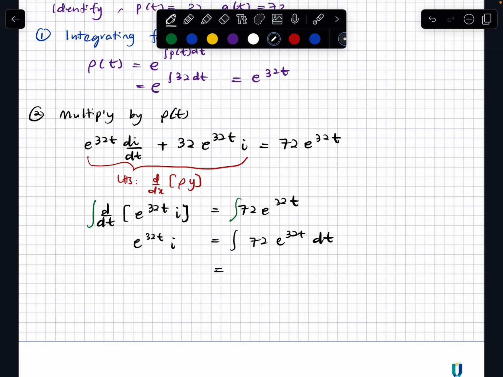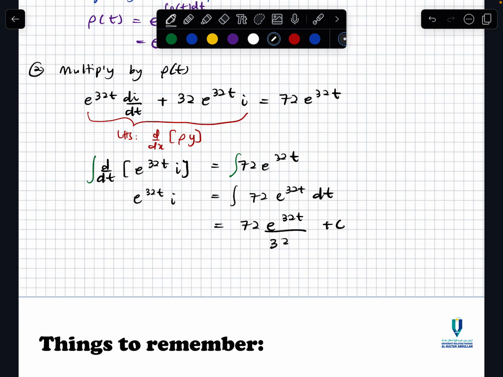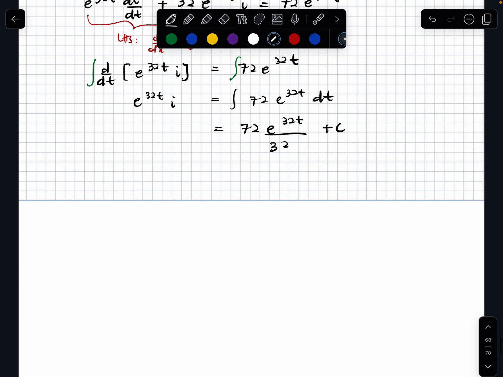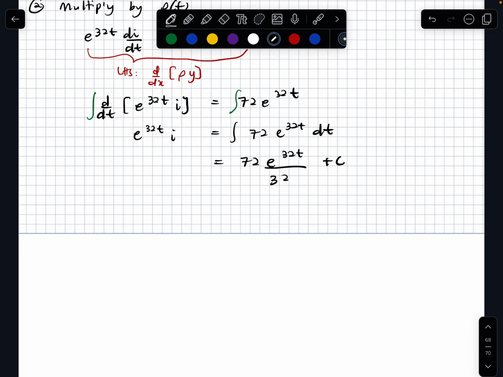So this integration implies this value. Then we can simplify: 72 over 32 is 9 over 4.